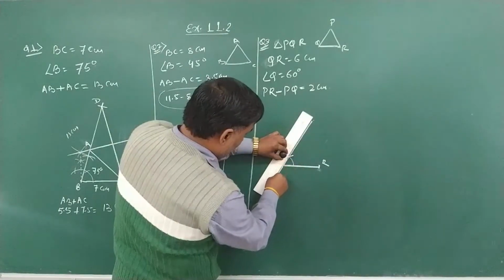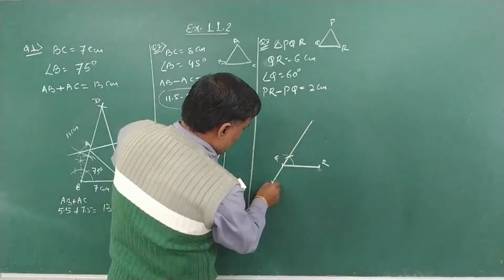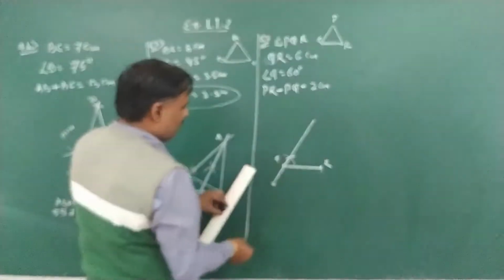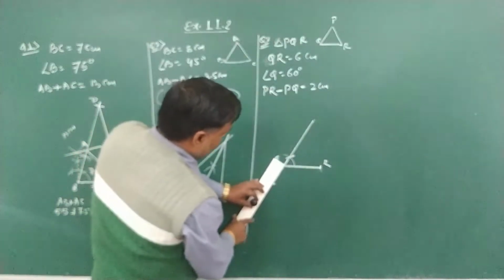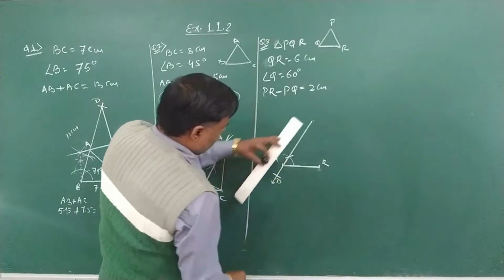We extend that line in the lower part. Now we cut an arc of 2 centimeter in the lower part. That is our D point. So this is your D. Now join RD.